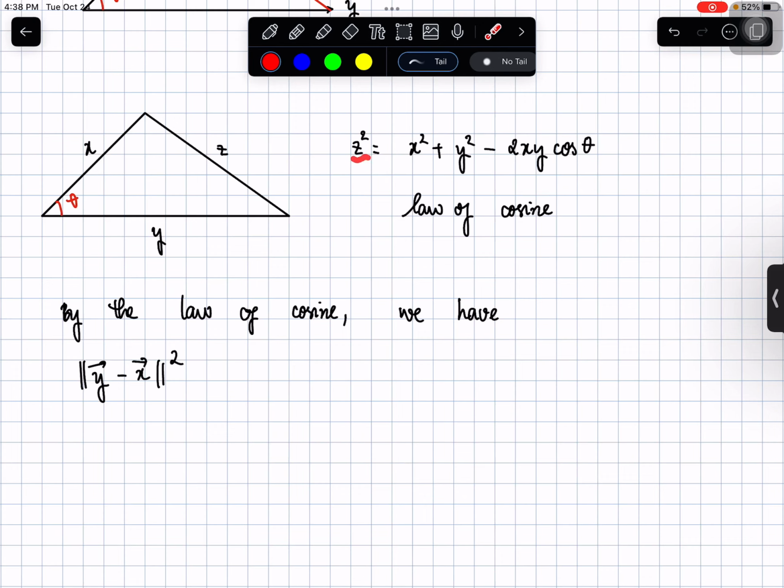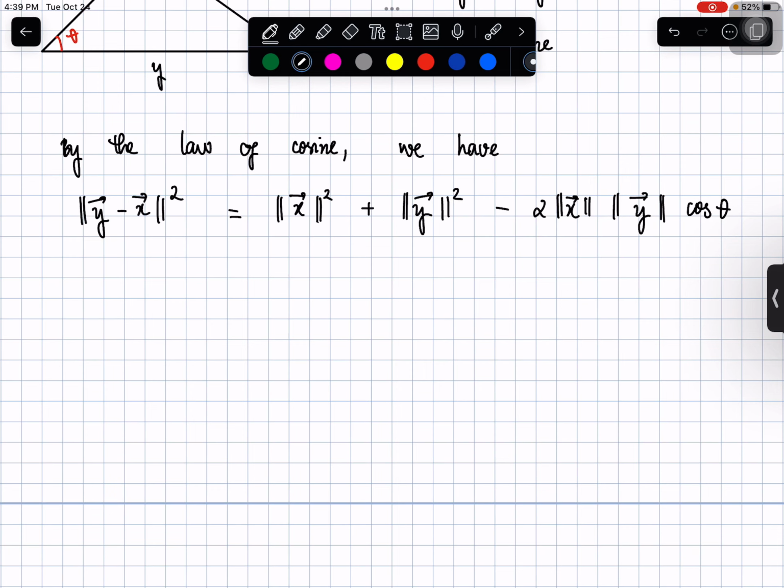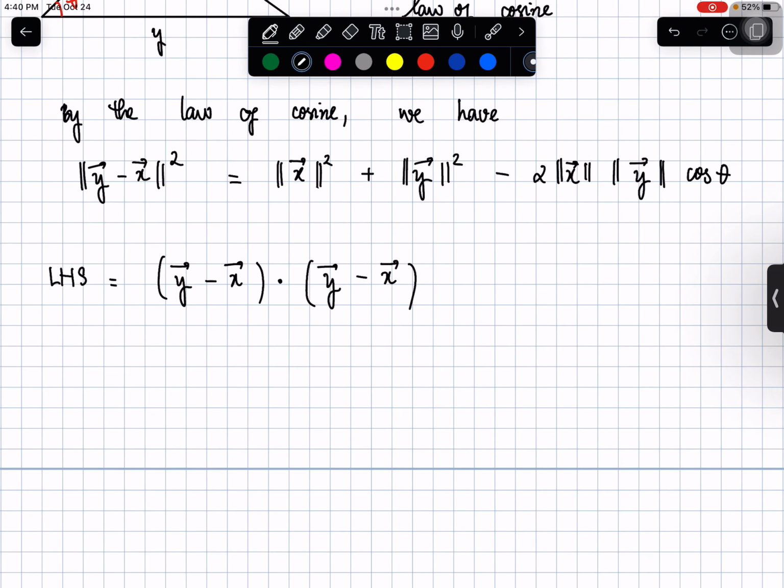Z is the length of vector y minus vector x, equal to the length of vector x squared plus the length of vector y squared minus 2 times the length of vector x times the length of vector y times cosine of theta. Okay, we got this with the law of cosines.